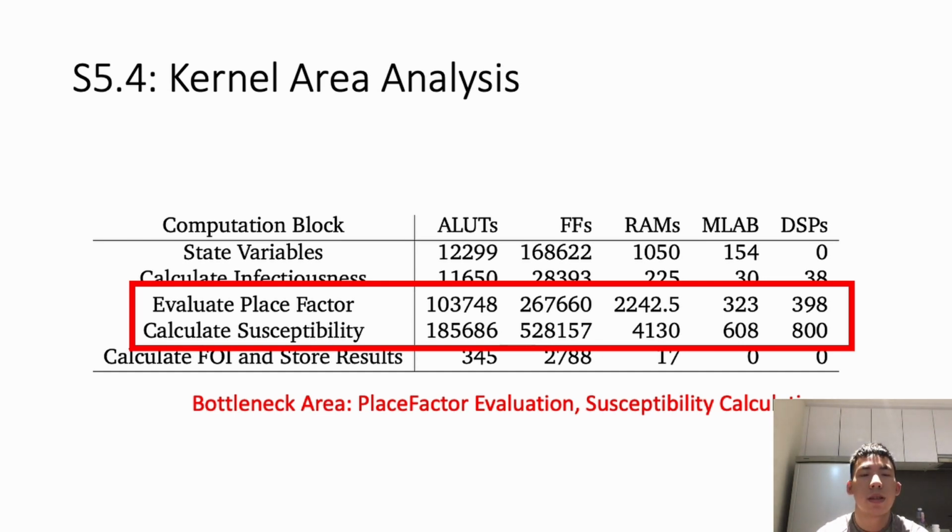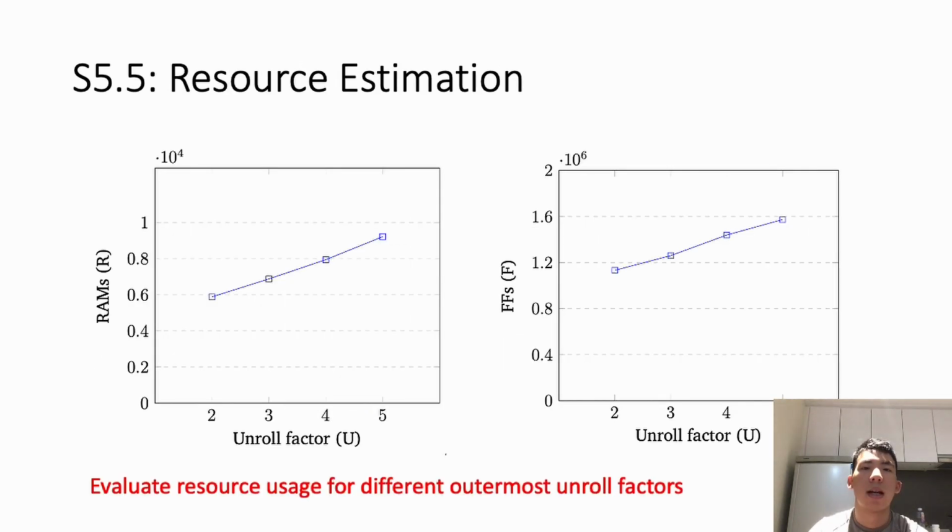Through a further kernel area analysis, we can see our bottleneck areas are place factor evaluation and susceptibility calculation. As those two parts are almost fully unrolled on the kernel, the resulting throughput is almost directly proportional to the outermost unroll factor.